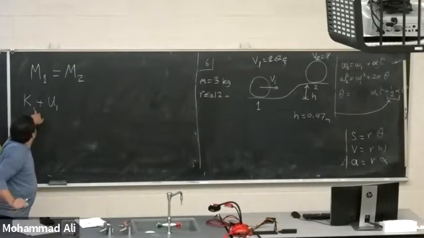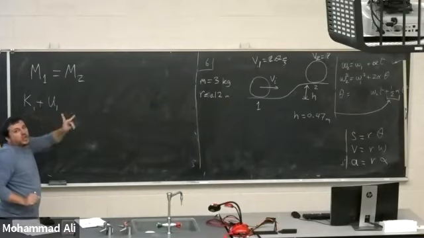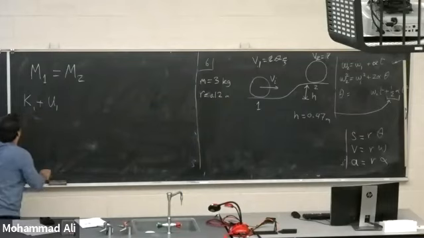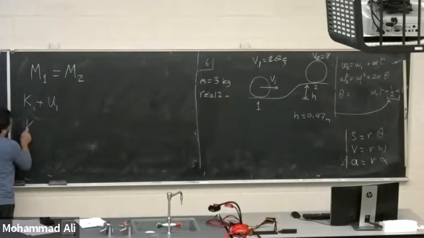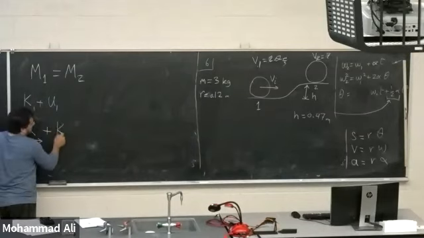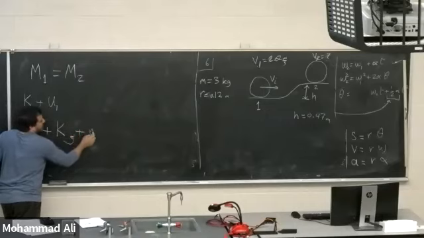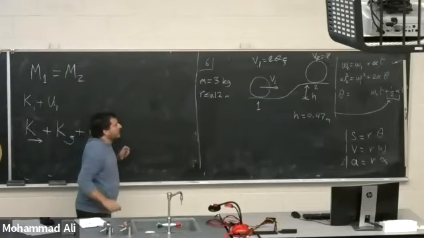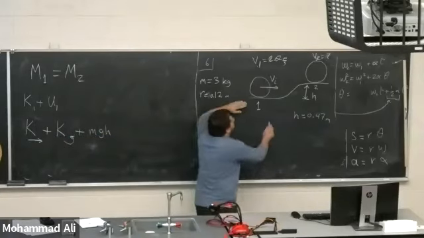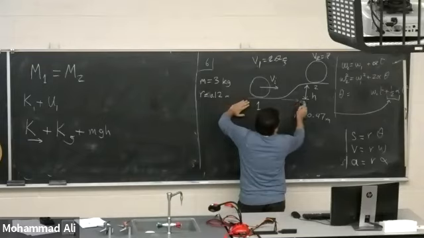Now we have the kinetic energy. We have two kinds of kinetic energy: the linear kinetic energy, plus the kinetic energy rotationally, plus the potential energy, which is mgh. If we consider this level is the 0th level, then this is not 0.